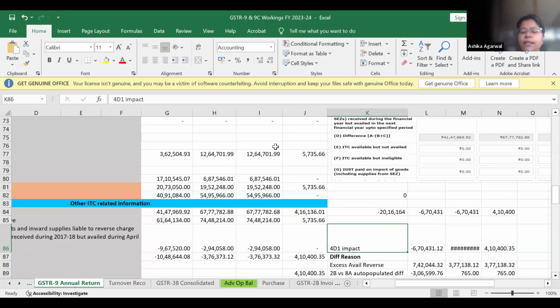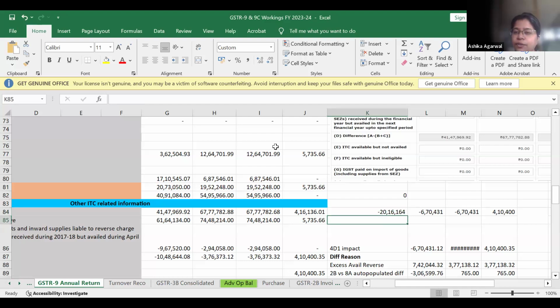In one year I am reducing, I am reducing in 4D2, but still it is a part of 4A5. Next month I am adding in 4A5, therefore increasing my figure, though I am reporting in 4D1 separately to show that it's last month's or previous month's ITC I am claiming. But my 4A is getting inflated due to 4D1. So due to this reason it is coming negative, one of the reasons.